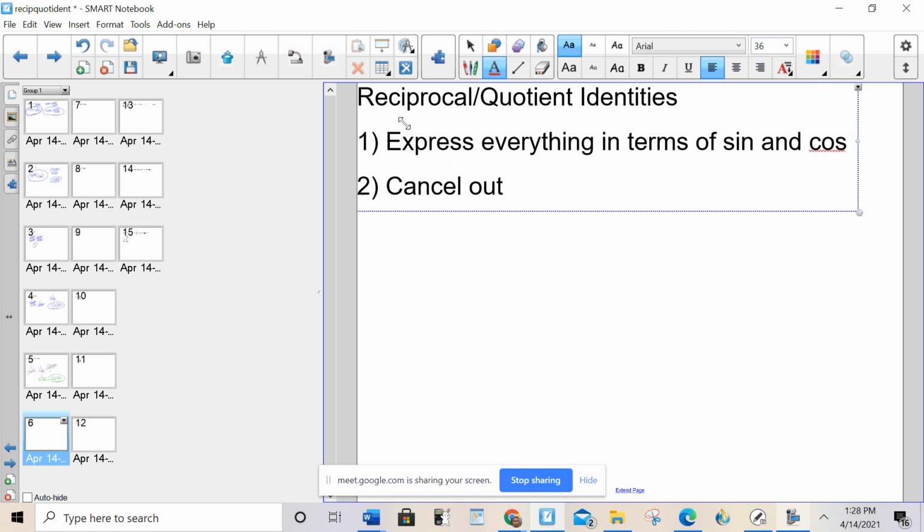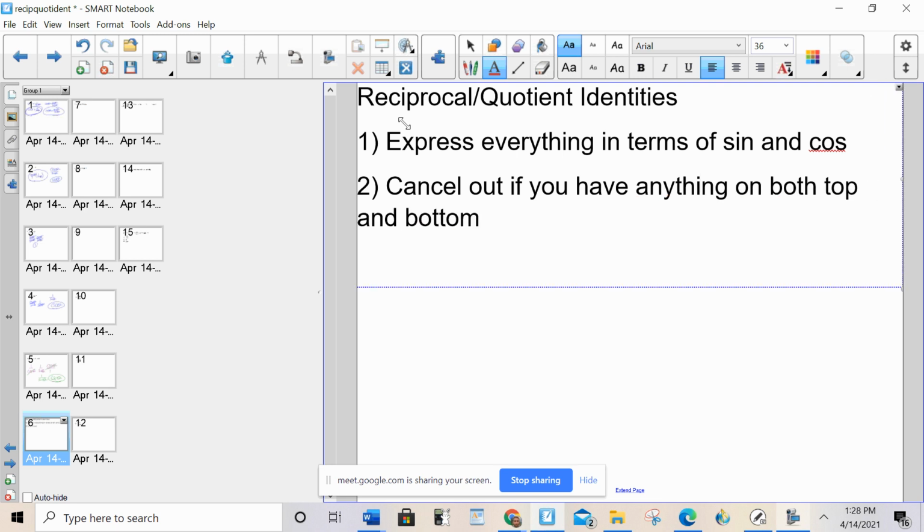Cancel out if you have anything on both top and bottom. Clean it up and replace it into a single trig function.